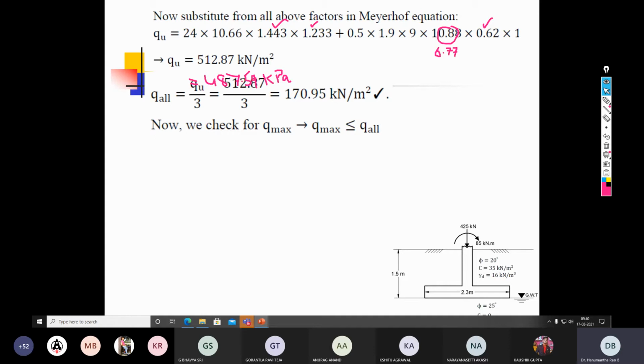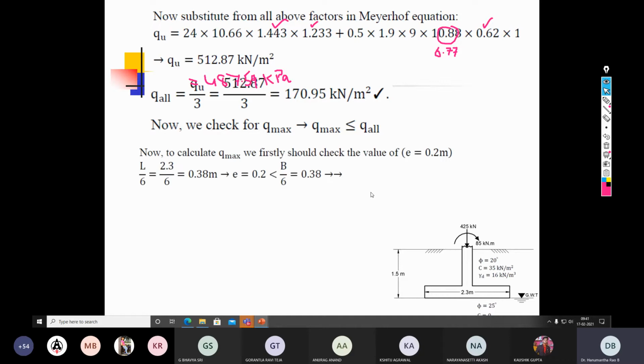Okay, but this is only one part, meaning this shall be taken as the bearing capacity exerted by the soil sample. But since this footing is subjected to eccentric condition, you need to calculate what is the Q max and what is the Q minimum. First you need to ensure whether or not this eccentricity is falling within the middle third.